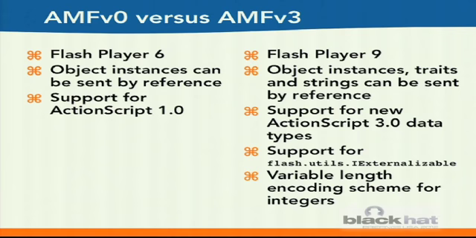There are also many other differences. One is, for example, that we can send not only object instances by reference, but also traits and strings can be sent by reference between the client and the server. And then there is also support for externalizable, which, if you're familiar with Java externalizable or .NET externalizable, is basically a way to build your custom serialization and deserialization components.